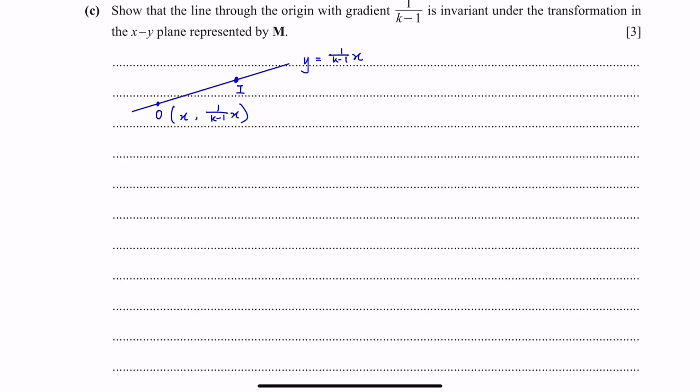So we take the matrix M times the object, and we can see that this is kx, and this is x plus x over k minus 1.